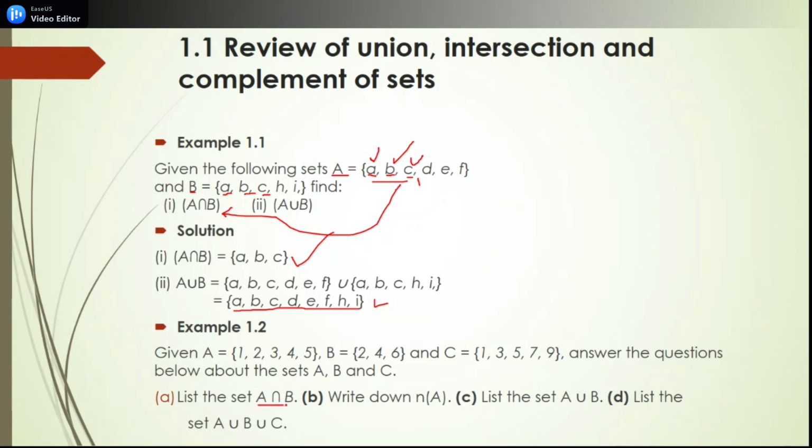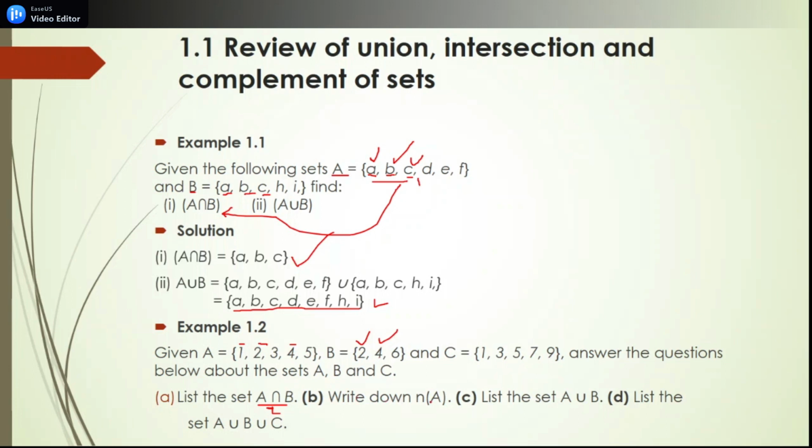Intersection of A and B. You have to compare A and B. 1 does not belong in B. 2 belongs there. 3 does not belong in B. 4 belongs. 5 does not belong in B. So the intersection is equal to 2 and 4.